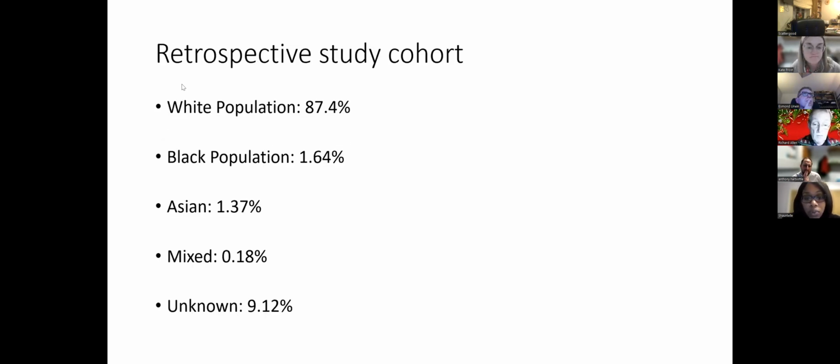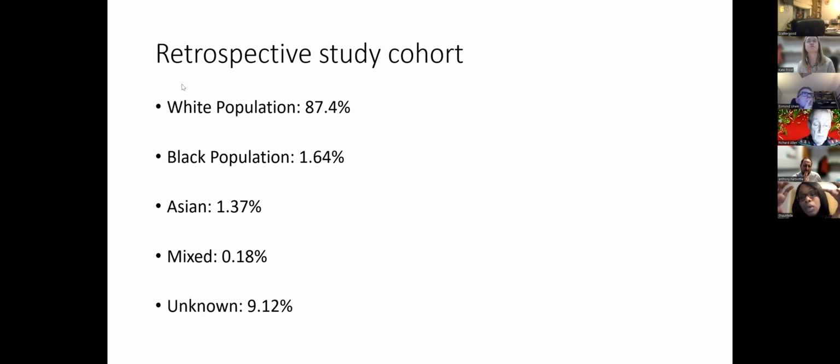Within the chronic pancreatitis cohort, we are currently doing a retrospective study cohort, and this would form part of our existing cohort for Demystify. When we looked at our population, our white population was 87.4%. This is the chronic pancreatitis database of patients within the Nottingham catchment area.